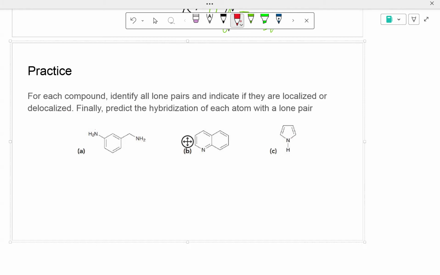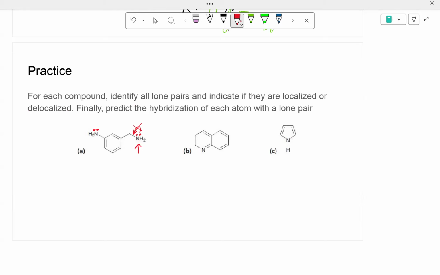So let's look at A. Each nitrogen here is going to have a lone pair. I want to start with this one here. I'm just going to draw an arrow. Can I move that lone pair by resonance? Can I do this? No, we cannot do that because I'm moving towards an sp3 hybridized atom.